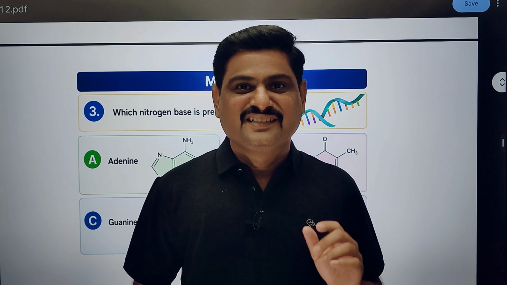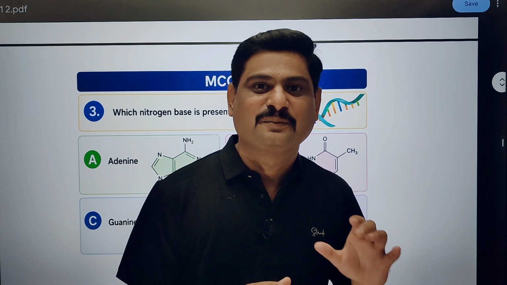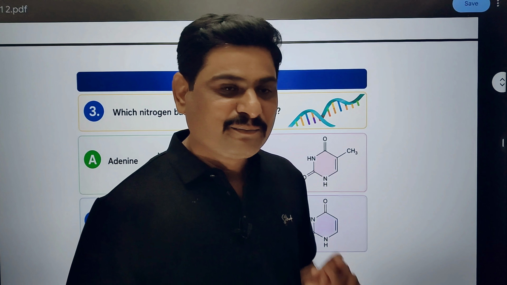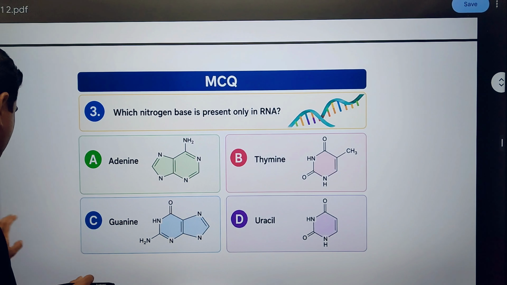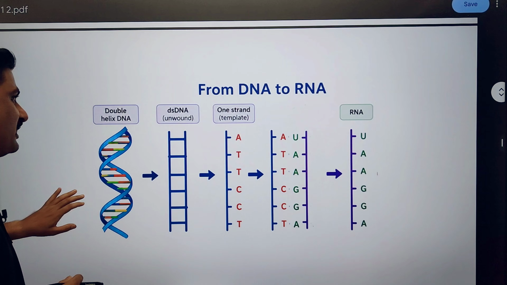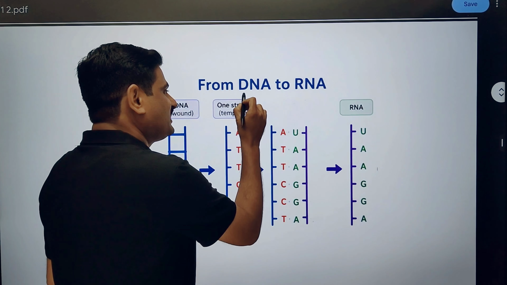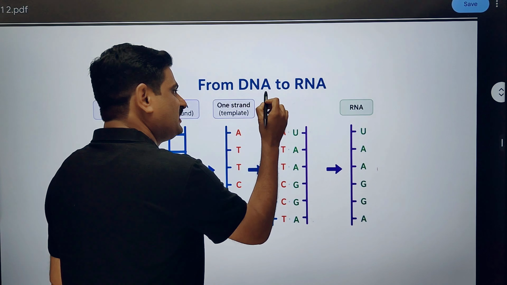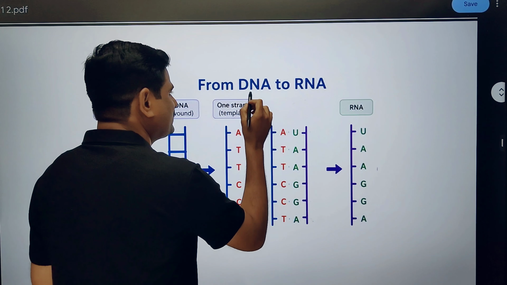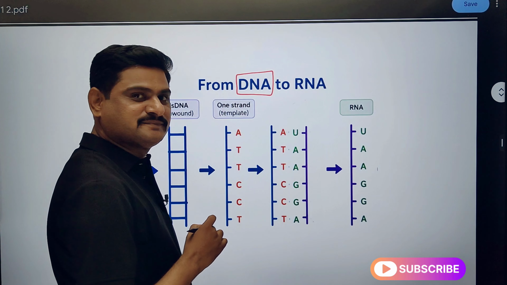Now after understanding the structure of DNA and RNA, we can move to the main process, that is protein synthesis. Children, in protein synthesis, the first step we want to discuss is related to transcription. In central dogma, whatever information is present about protein synthesis is present in DNA.